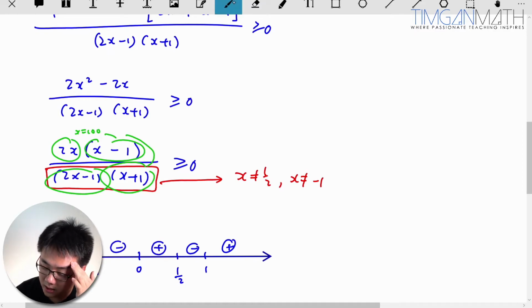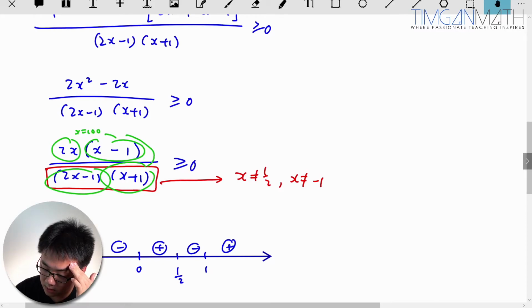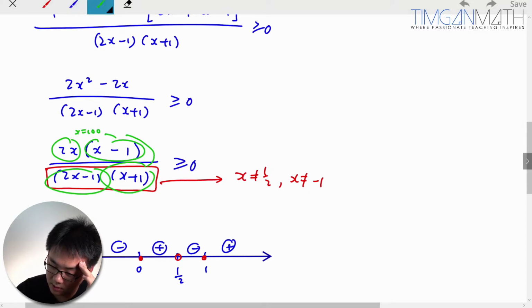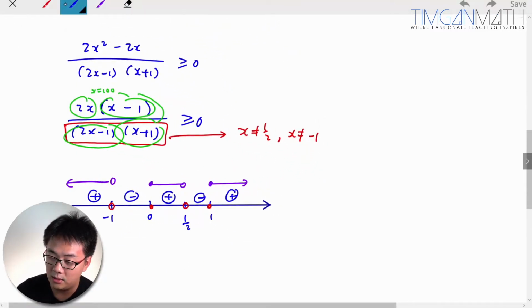Remember what you do is iron out the roots. I usually ask students to do this: x cannot equal minus 1, but it can equal 0 and this. You want it to be positive, so it should be this part, which is positive: less than minus 1, between 0 and half, and 1 to infinity.